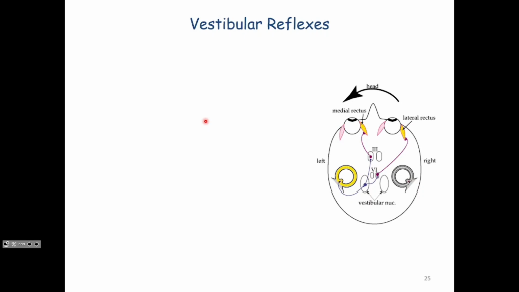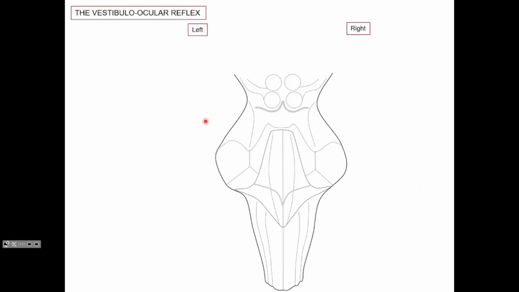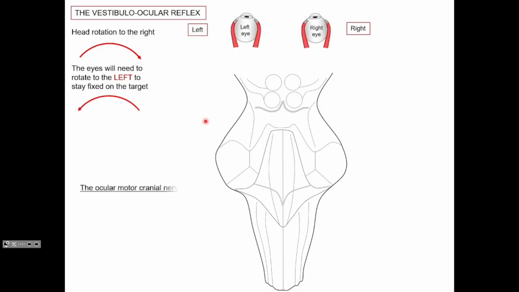Okay. Now let's see what is happening in the vestibulo-ocular reflex. So your head is rotating to the right. Okay. So your eyes will need to rotate to the left. How would this happen? You have this left eye, right eye. We have the oculomotor nucleus in the midbrain, the trochlear nucleus also in the midbrain.